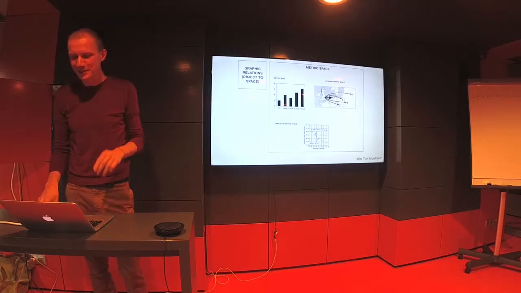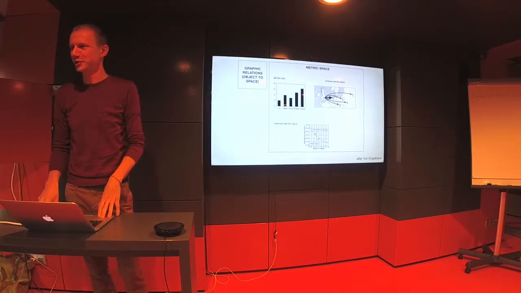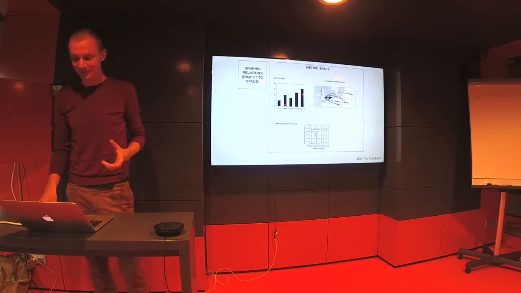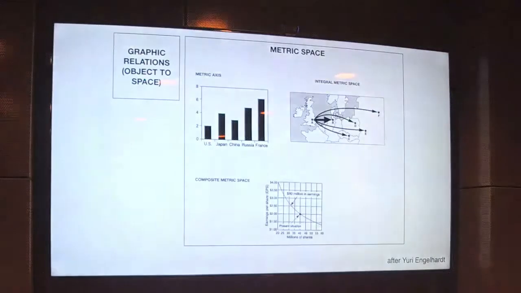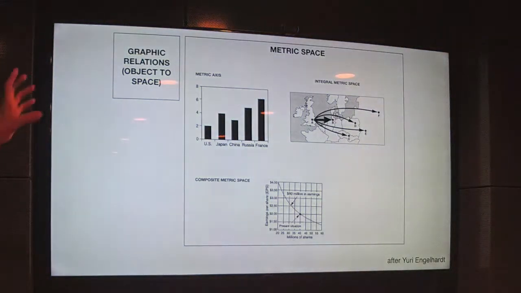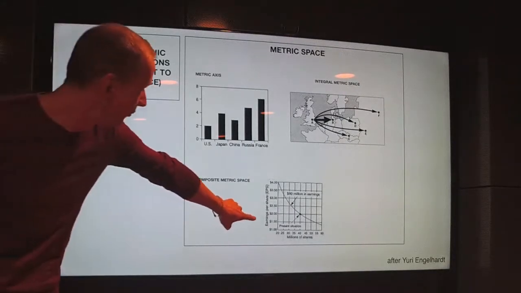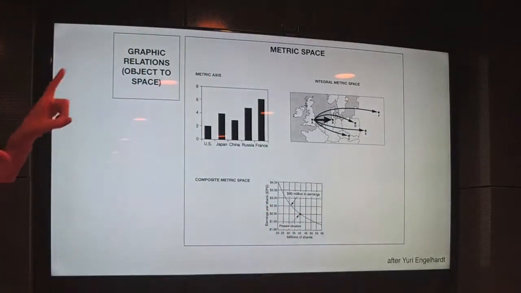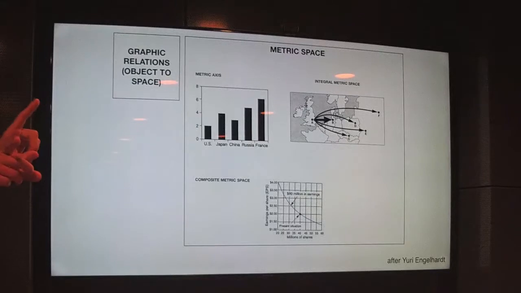And then metric space. I'm going to give you a link to these slides. There's a metric space that consists of more than one scale. Here you have dollars and shares, so there are 2 different axes with completely unrelated values.